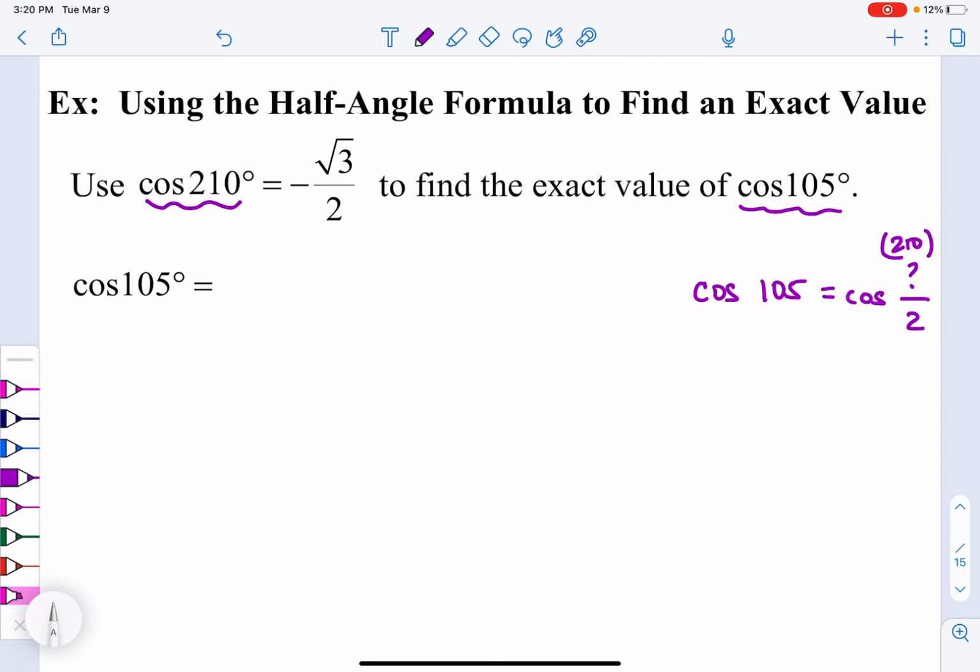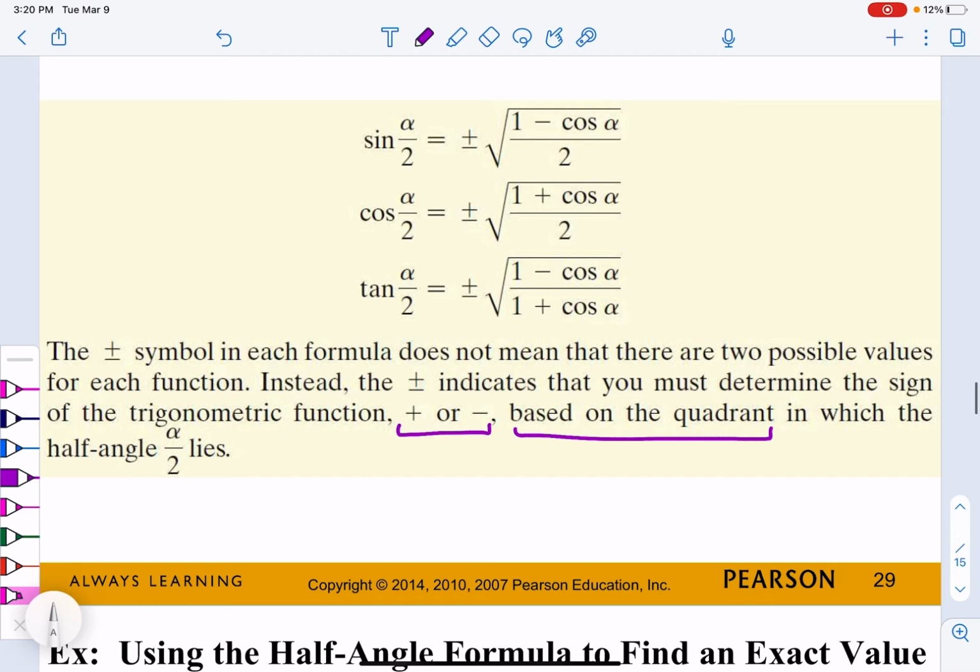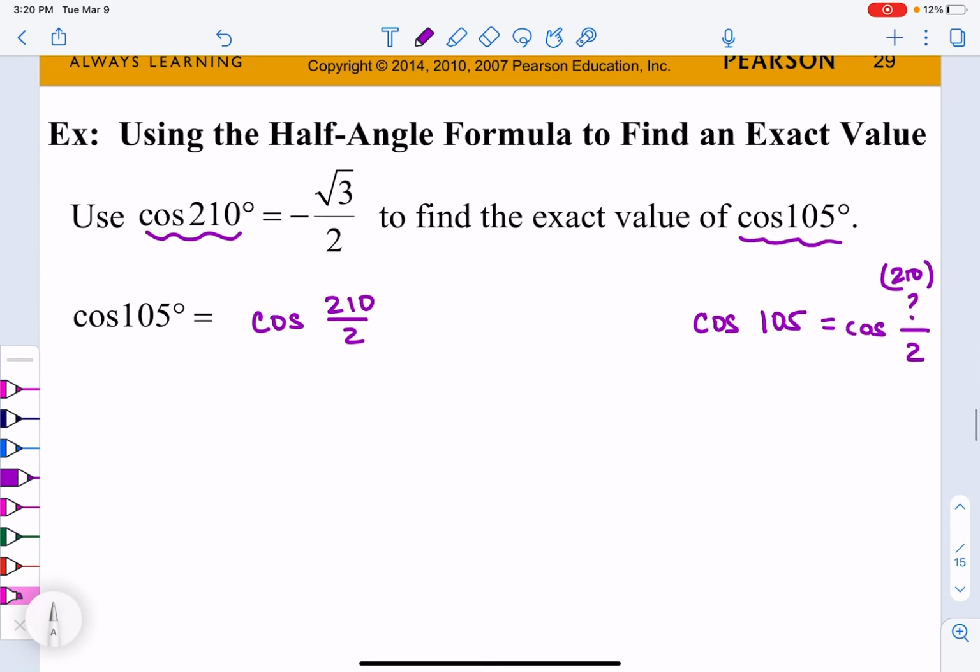So let's take our cosine of 105 degrees. We're going to set that up as our cosine of 210 divided by 2. That's what it's equivalent to. And then we're going to go about using our function. So if we were to go back up here, we're using our cosine piece. And if we have 105 degrees, what type of sign are we going to need? 105 degrees means that we are in quadrant 2, right?